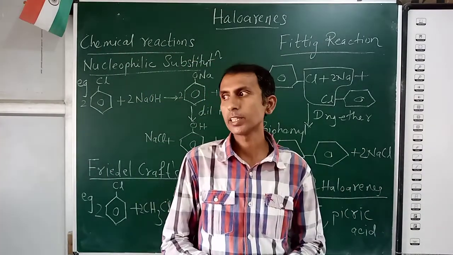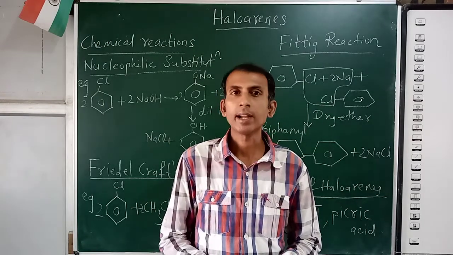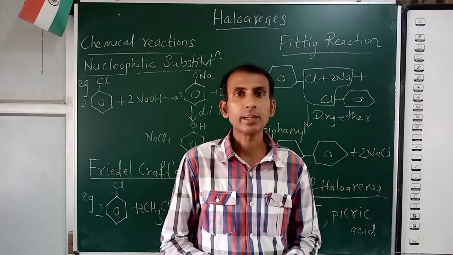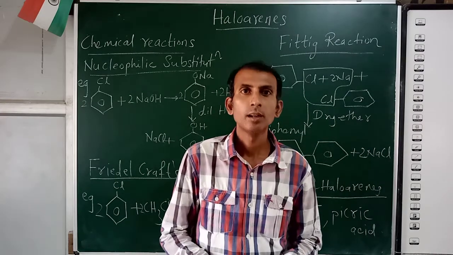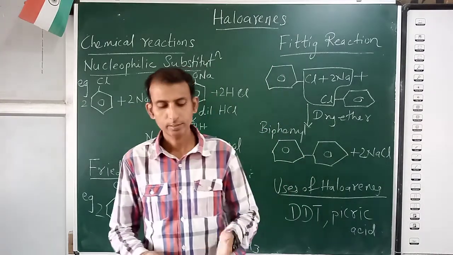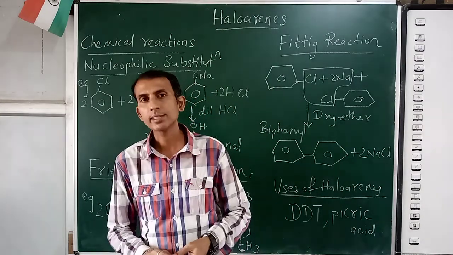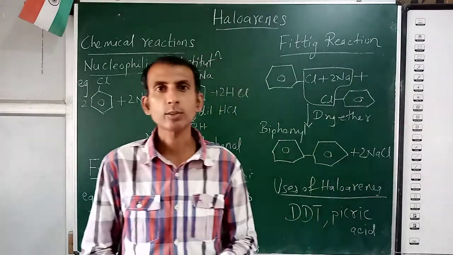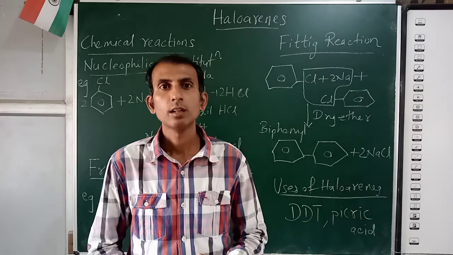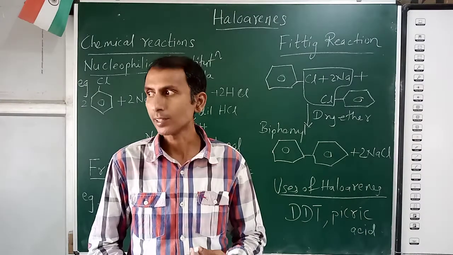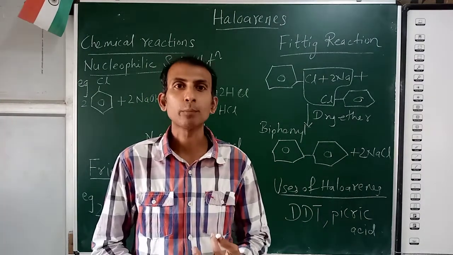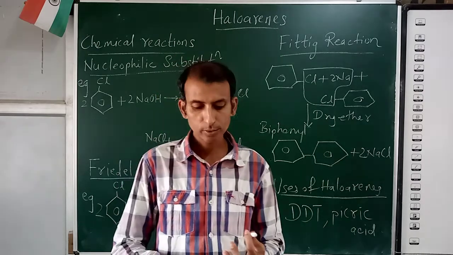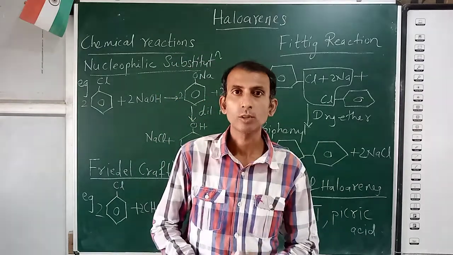You know the use of DDT and picric acid. Picric acid is used in explosives. Picric acid is a nitro compound, and most of the nitro compounds are used along with other chemicals in preparing bombs, explosives.